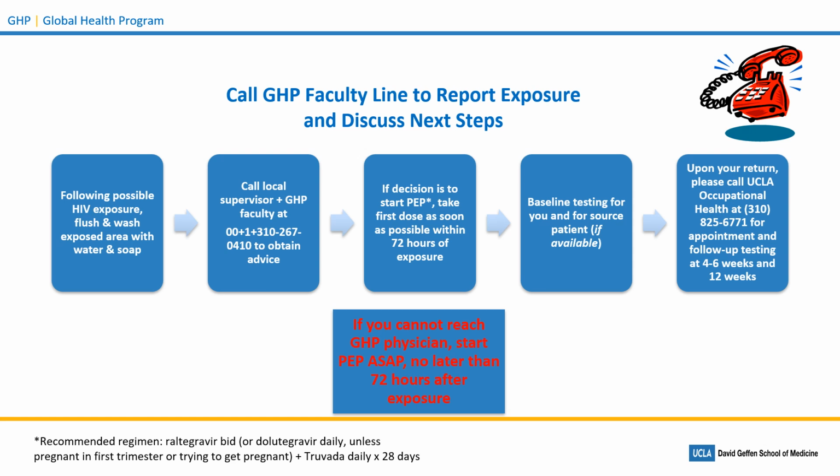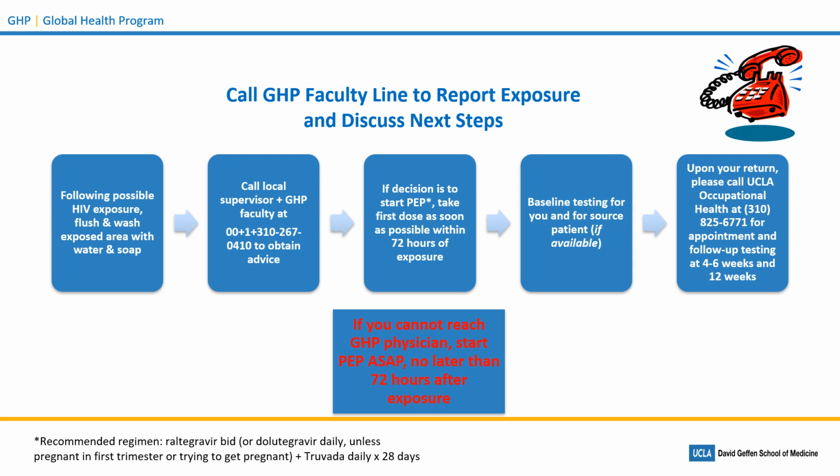If the decision is made to start post-exposure prophylaxis, take your first dose as soon as possible within 72 hours of the exposure. Baseline testing for you and for the source patient should be undertaken. Of course, if it's not possible to do that, we understand. Then when you come back upon your return, please call UCLA Occupational Health.